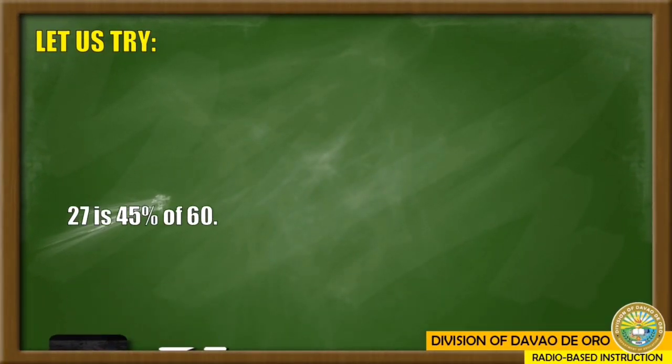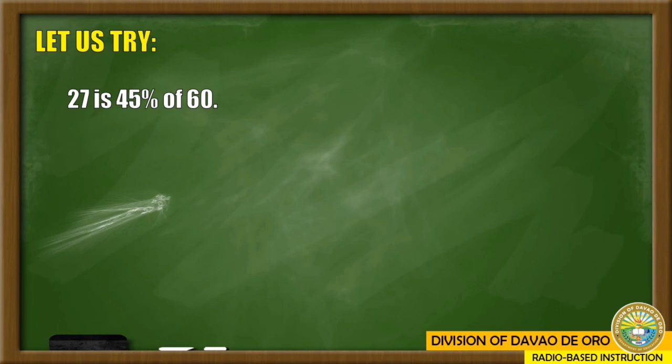Okay, another one. 27 is 45% of 60. Again, 27 is 45% of 60. Now, we will look for base. Again, what is base? The whole or total number. What else? Very good. The biggest number. So what would it be? Very good. 60. How about percentage?